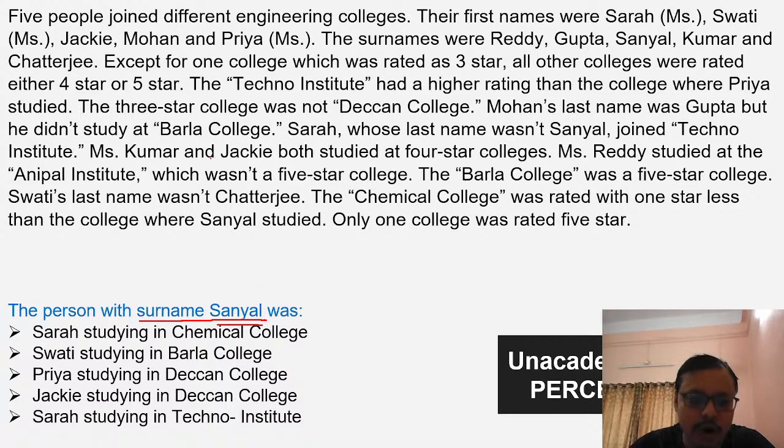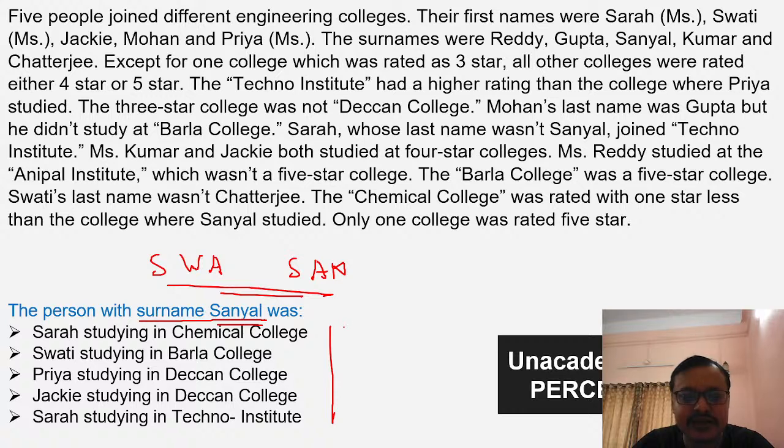So now that you know that the full name of Sanyal is Swati Sanyal, try marking the answers in this question. But unfortunately, in this question, just knowing the first name is not enough, because they also want you to know which college or institute they are from. But still, based on the fact that you know at least the first name, that is Swati Sanyal, try and eliminate a few options.